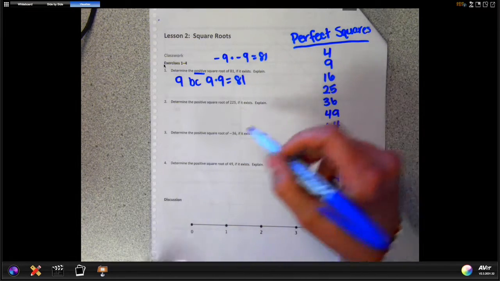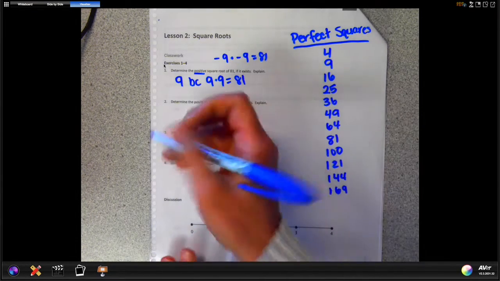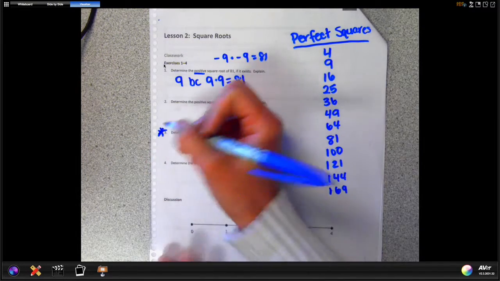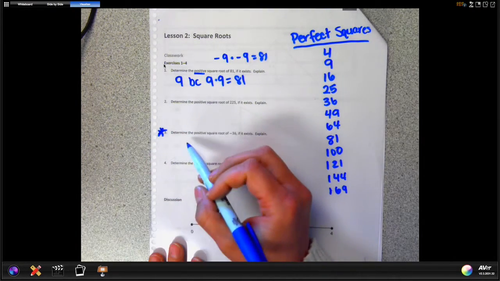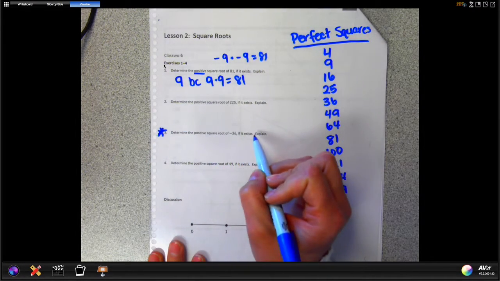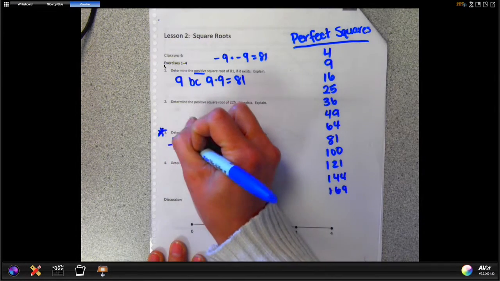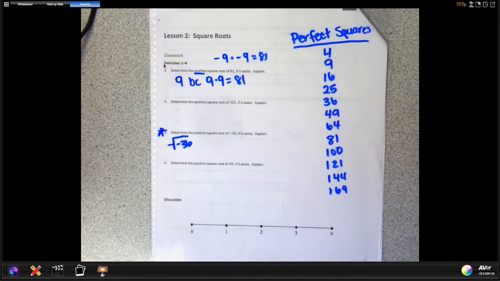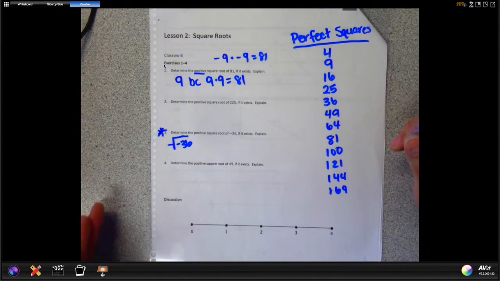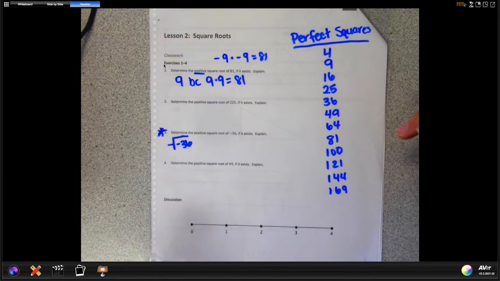Same thing here with number 2, but what I want to do is skip to number 3 for the purposes of the video. Determine the positive square root of negative 36 if it exists. Explain. So this is asking you, what's the square root of negative 36? So what times what, being the same number, equals negative 36?